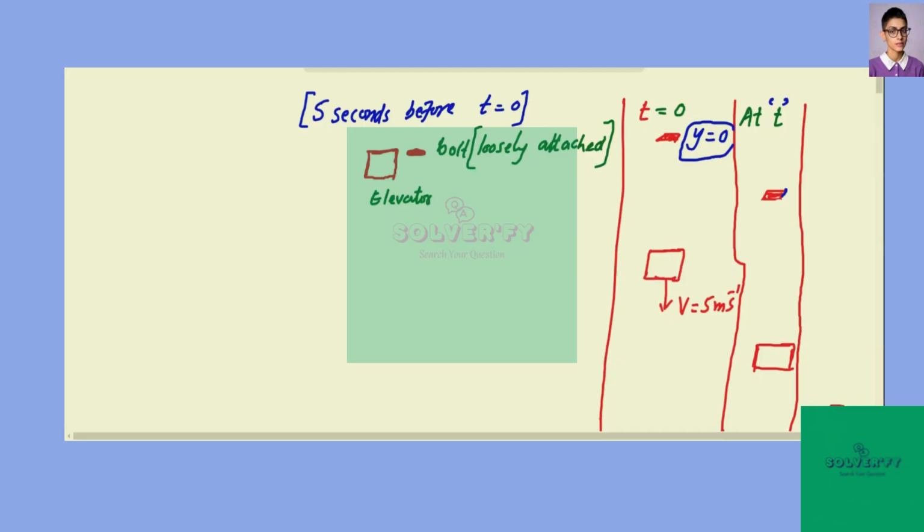As the elevator descends vertically with a velocity of 5 meter per second, now we can write a relation for the position of the elevator. Velocity of elevator is equal to change in height divided by time.